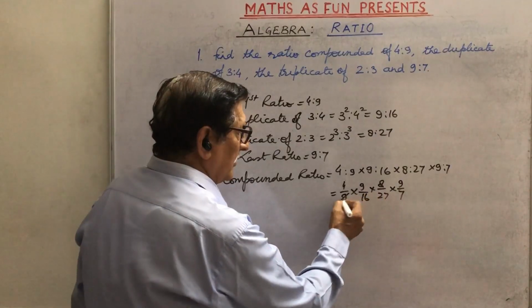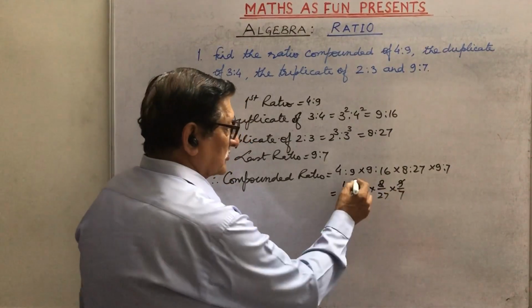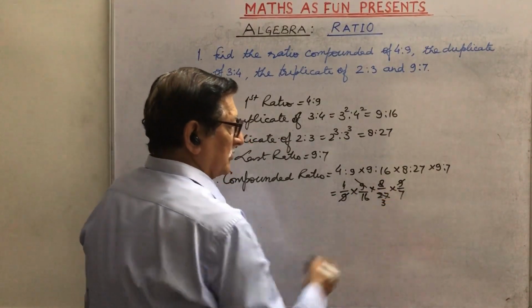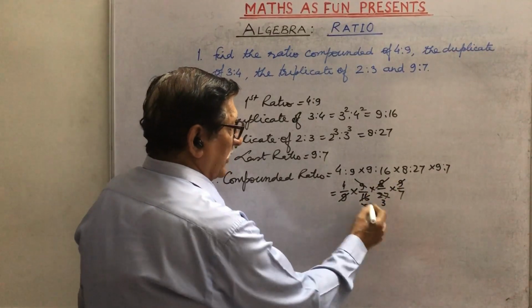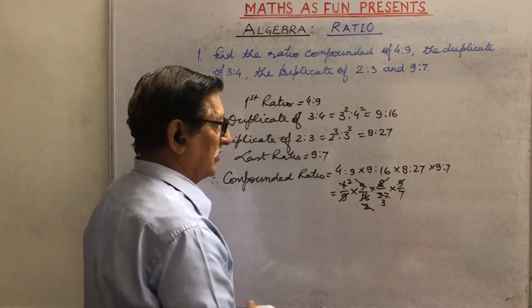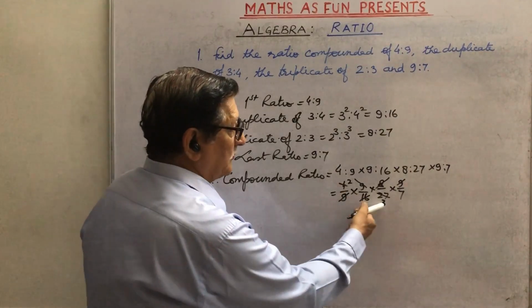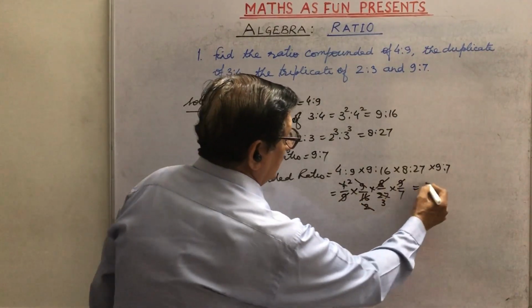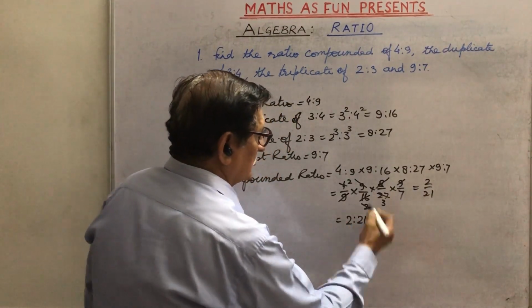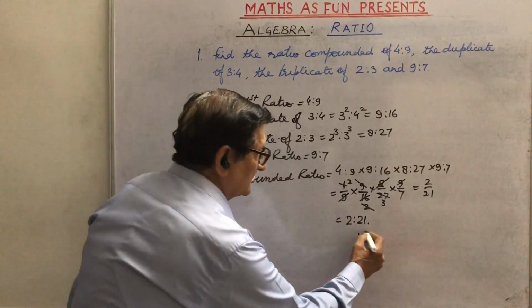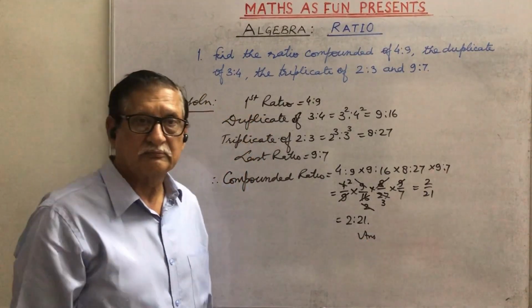This 9 cancels this 9. This 9 cancels this 27 3 times. 8 cancels this twice. 2 cancels this twice. And now we are left with 2 upon 3 into 7, that is 21. It means the ratio is 2 is to 21. This is the answer to this particular problem.